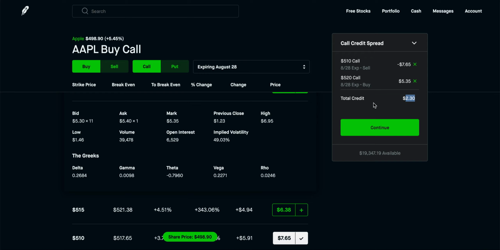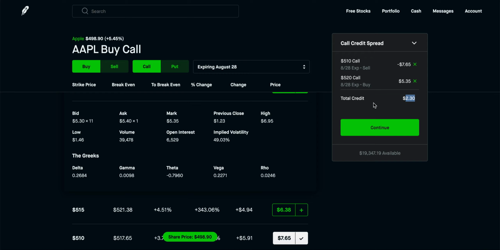At least the call credit spread does not work for momentum stocks which move really high. For Tesla it's kind of dangerous, but if you are really far away, say Tesla is running at 1800 or 1900 and you do 2800 or 3000, it may work fine. But I think I pretty much covered it.